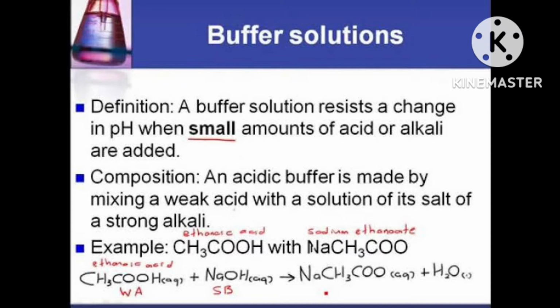Therefore the solutions of salts formed from a strong acid and a strong base are neutral. When dissolved in water, it would again form a strong acid and a strong base, that's why it gives a neutral solution, and the salt is called a neutral salt.